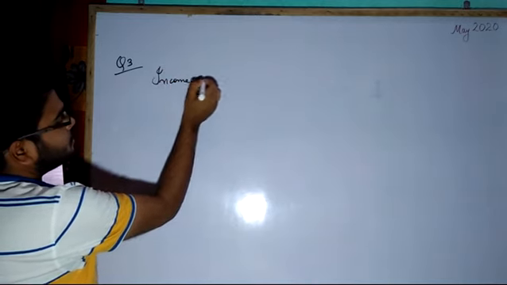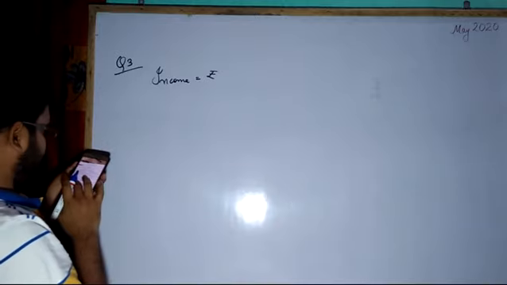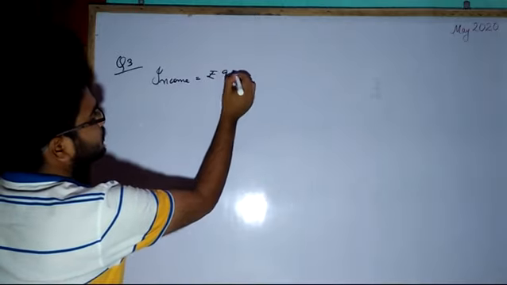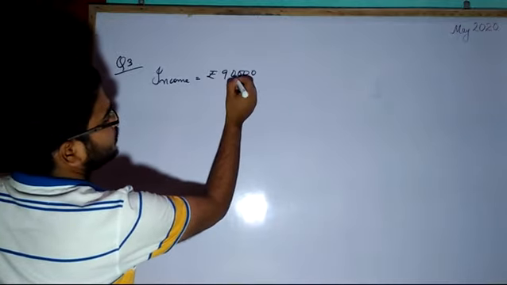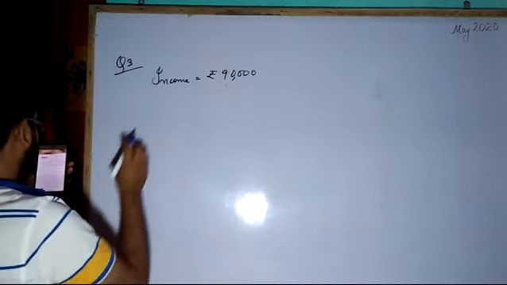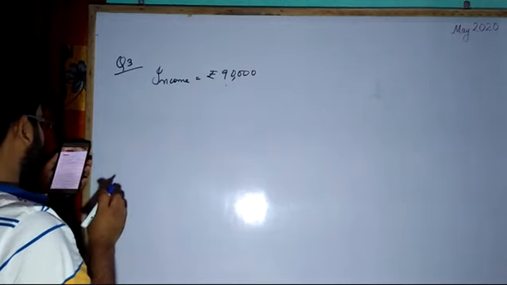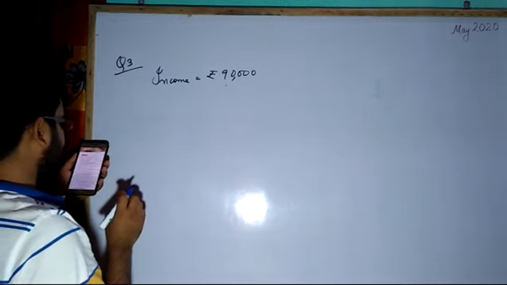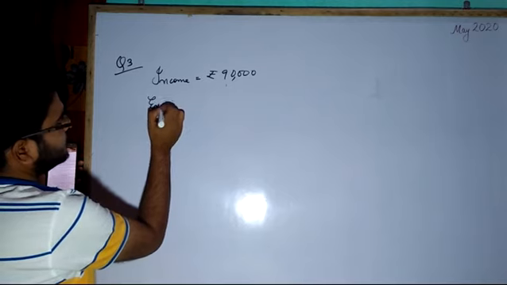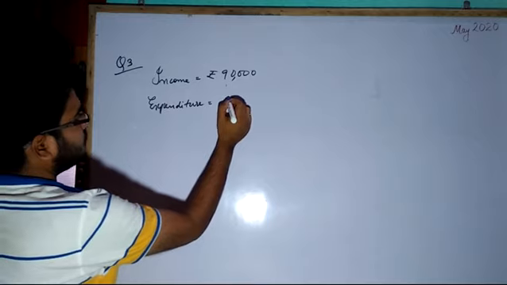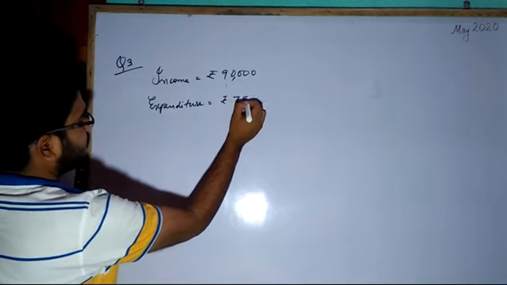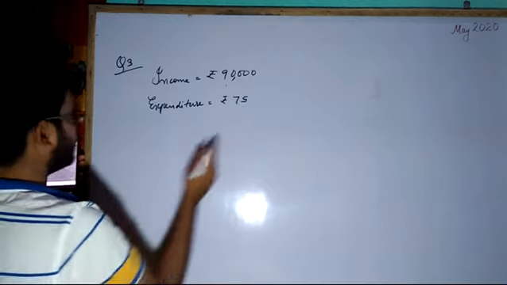Income is equal to rupees 90,000. Expenditure is equal to rupees 75,600.